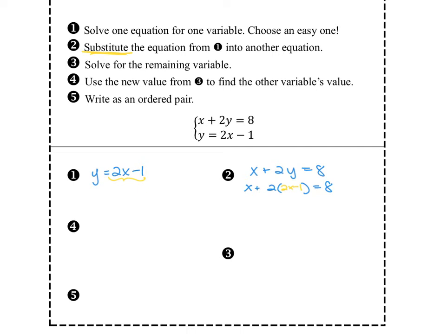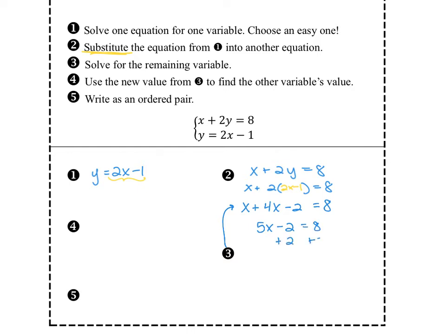Now I'm going to solve for that variable. So we get x plus 4x minus 2 equals 8. And then I would get 5x minus 2 equals 8.